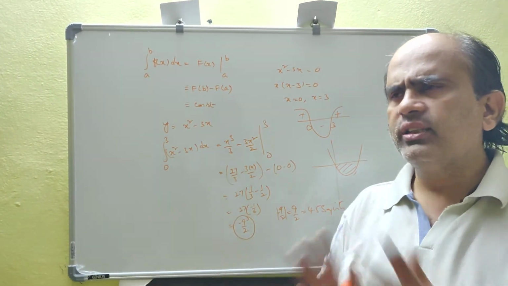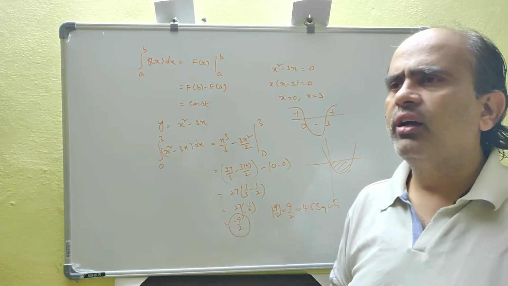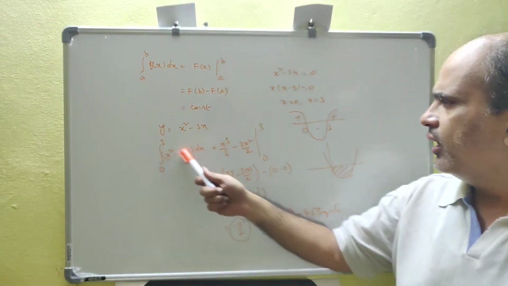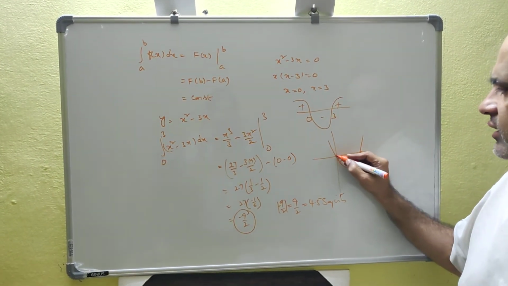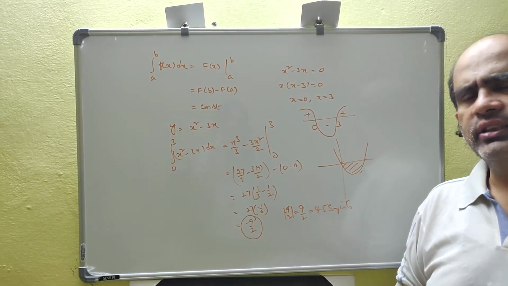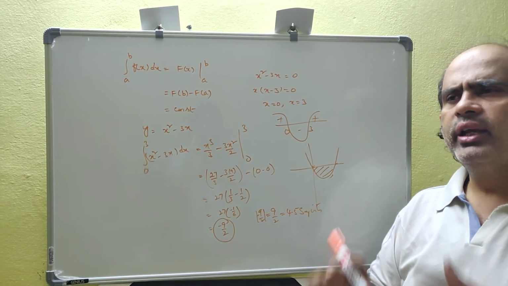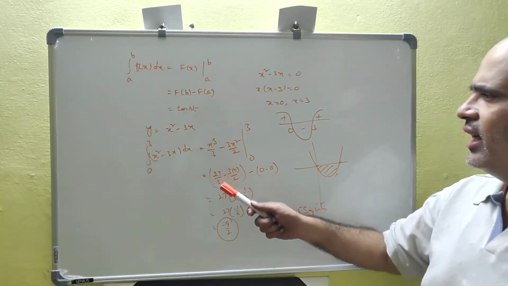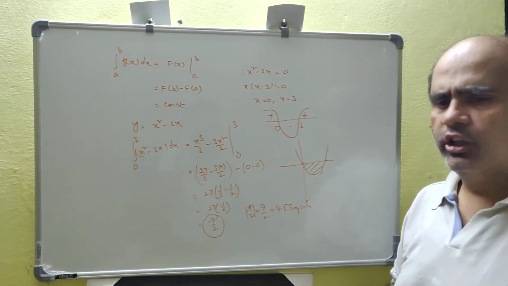All these things can be solved using a simple trick. Here nothing is given, so I have found the points which intersect the axis. Say suppose I give you two curves. Just find the points of intersection, put them on the axis, then you will understand the area enclosed. Then taking the limits, you can just solve the problem.